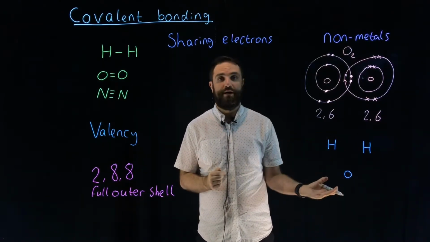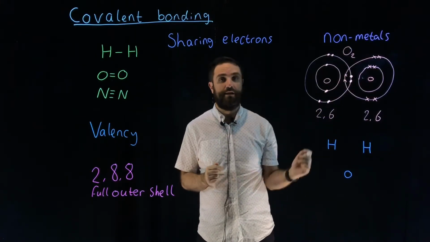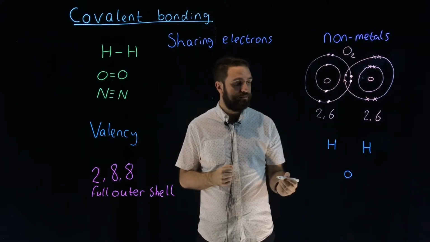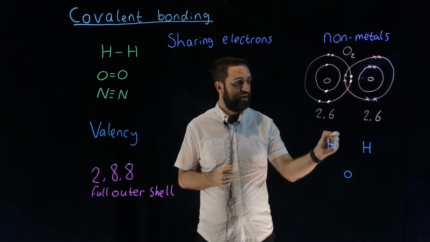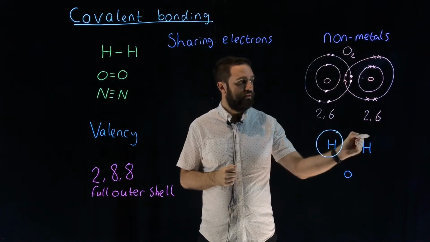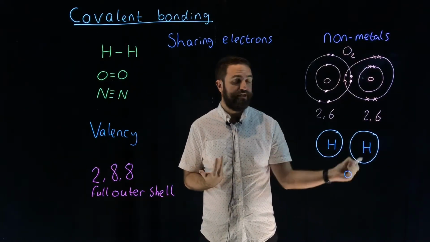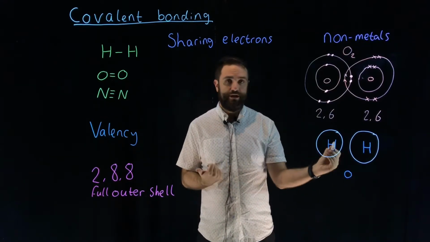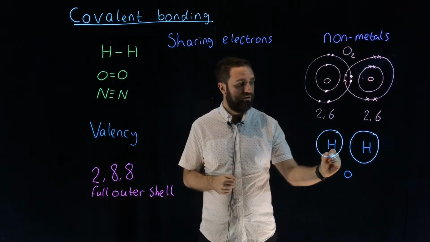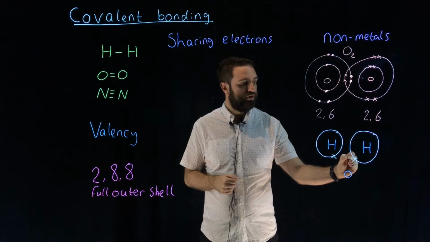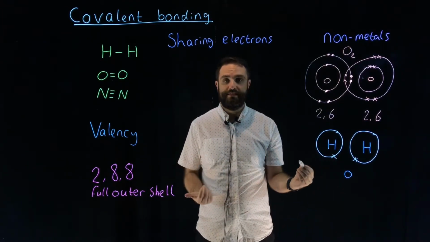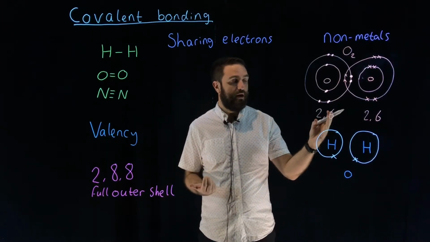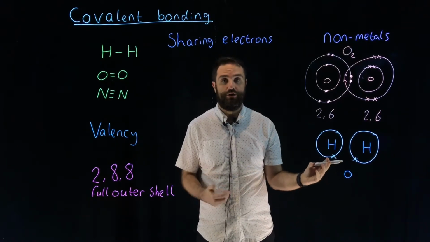I'll show you with a compound now instead of with an element. A very common compound, it is water. So if I draw the outer shells only of each one, I'm not going to draw the inner shells, hydrogen has 1 electron, which means that it has 1 electron on its outer shell. If it wants to make a stable outer shell, it needs to gain 1 electron, or it can lose 1.